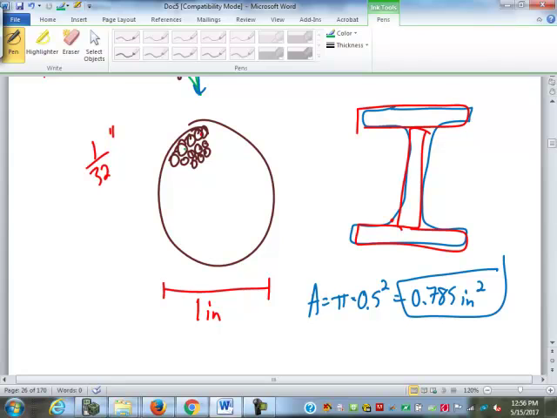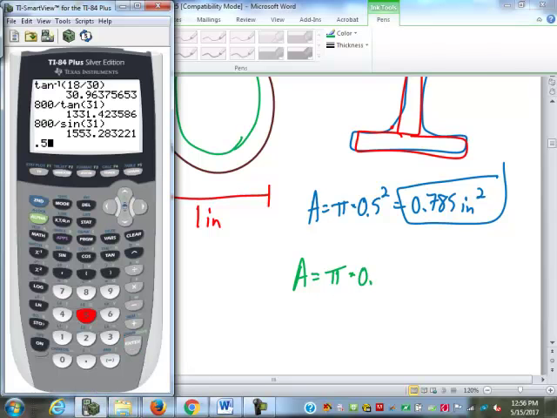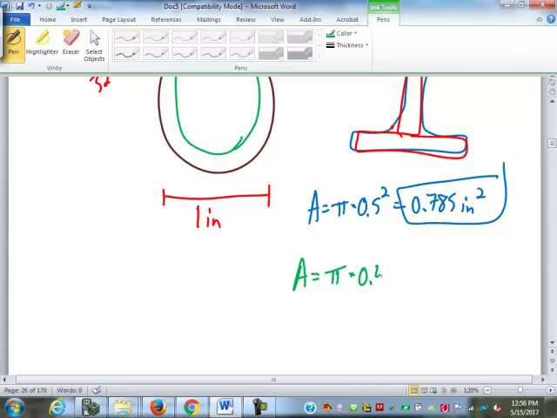If we lose a 32nd of an inch here all the way around. So let's say we're only allowed to lose the outer layer of cables, the outer strands. Well, that's now a 32nd of an inch on each side. So the radius is decreased by a 32nd of an inch. So what is 0.5 minus 1/32? 0.46875, that's what I thought.